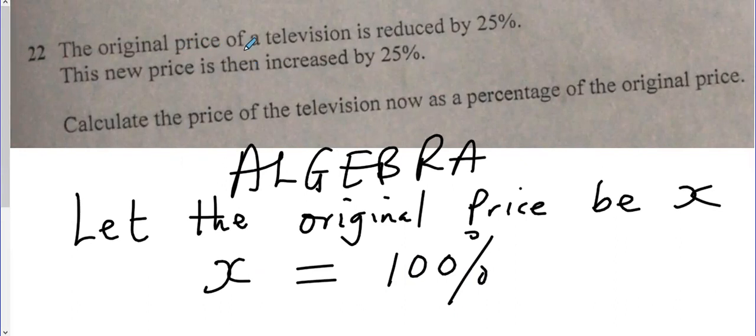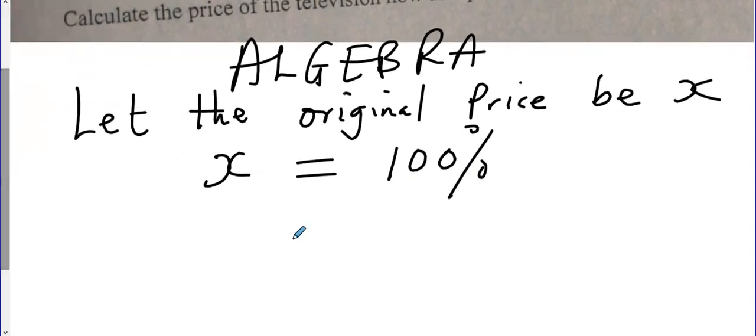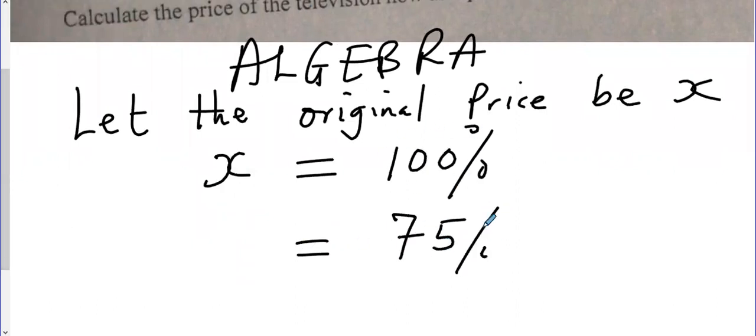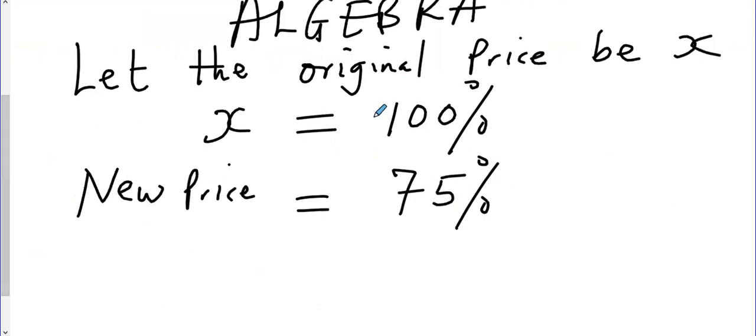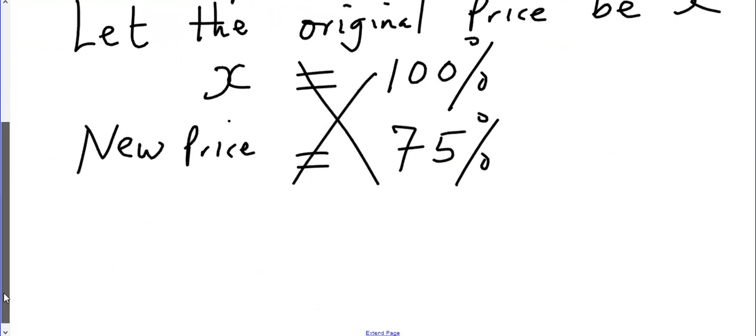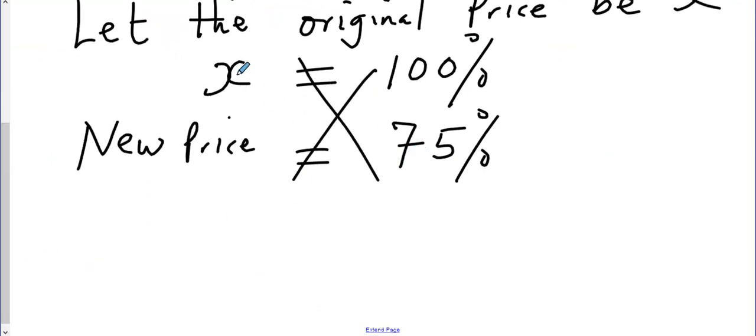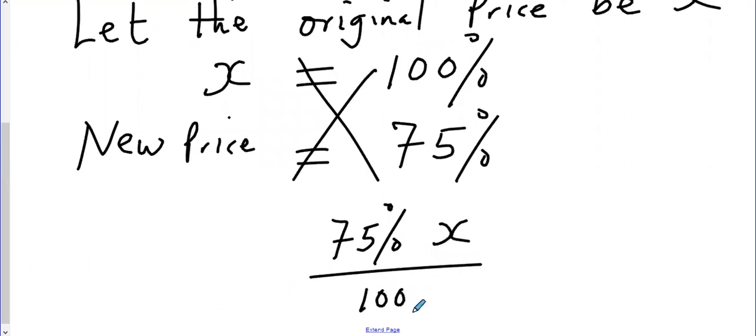Now the original price is reduced by 25%, so when you reduce by 25, you're going to have 75%. This will be the new price. To get the new price, I'm going to cross multiply: 75% times X divided by 100%.